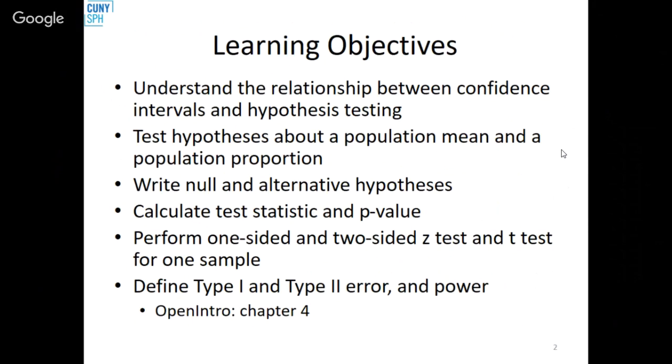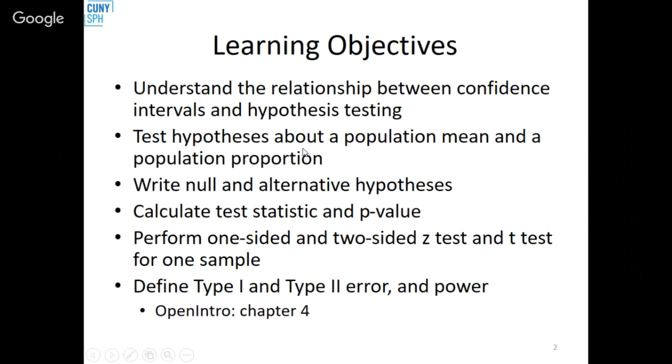Okay, so we covered confidence intervals last week, and I'm going to start this week by reviewing confidence intervals and introducing hypothesis testing, starting with the relationship between confidence intervals and hypothesis testing. We're going to cover both hypothesis testing about a population mean and a population proportion.